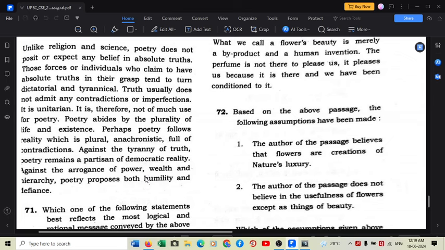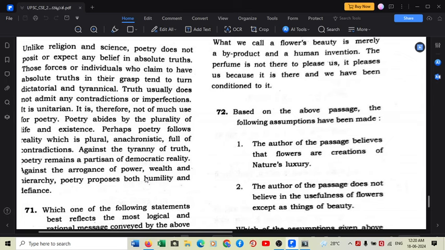Truth usually does not admit any contradictions or imperfections. See, it is the correct way of saying truth is truth. Truth is neither contradictory nor does it talk about any kind of imperfection. So it is unitarian, meaning truth is complete in itself. It is therefore not of much use for poetry.